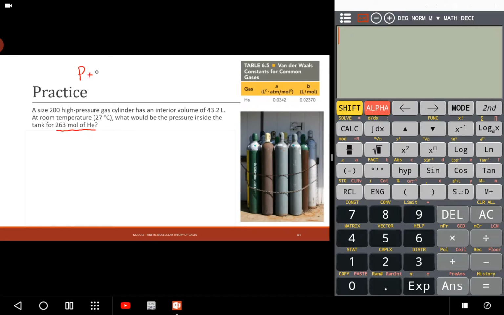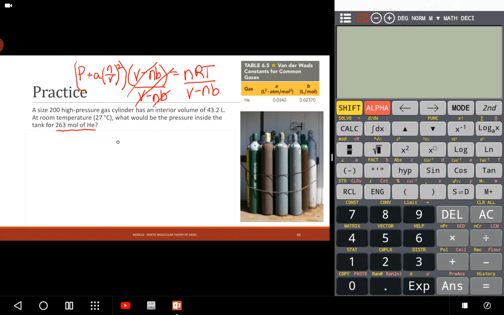plus. Okay, I rewrote the equation up here, and we're going to solve for P again. I'm glad we are not solving for V or N because that's a bit more complicated algebra.